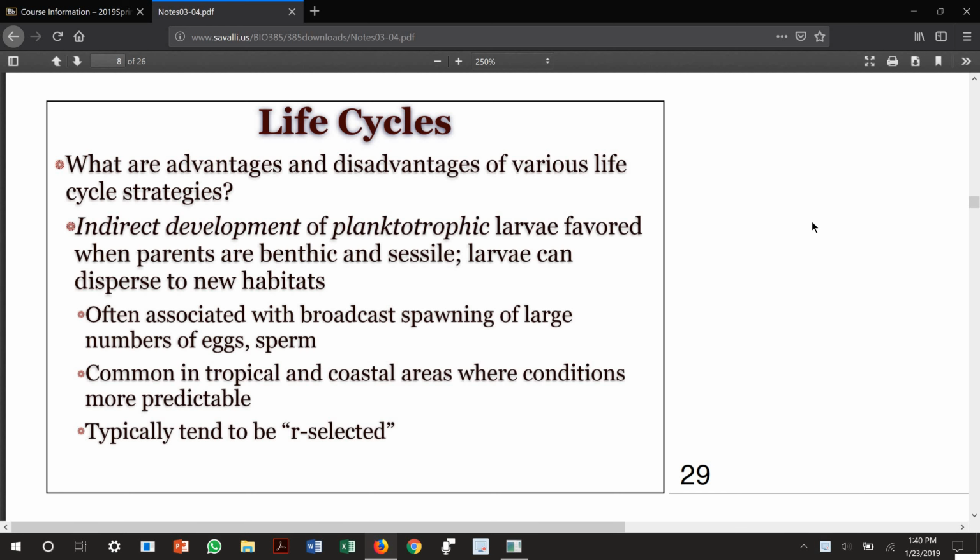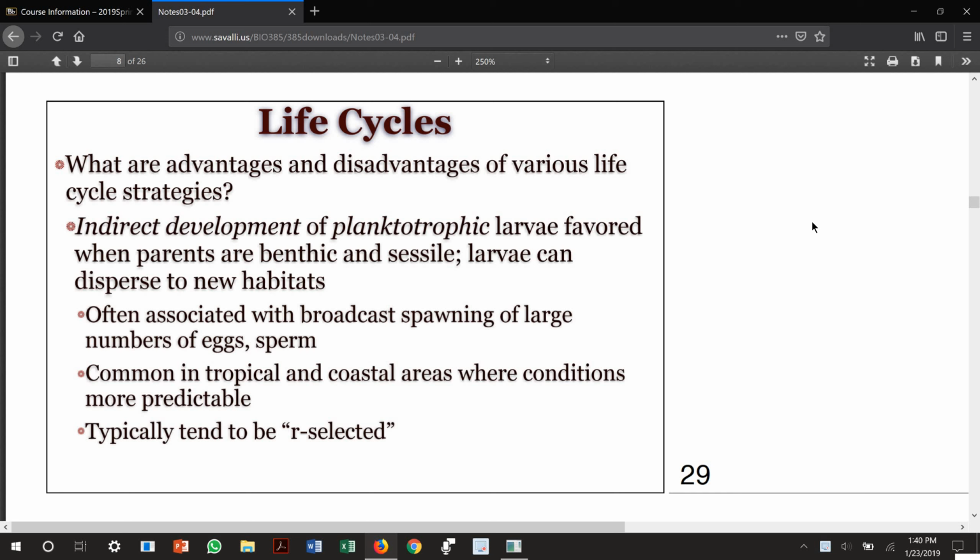For a little while, it can maybe use a little bit of yolk, but it starts to need to get food on its own. So it often forms a basic form that is able to do that while drifting around in the plankton. So indirect development of planktotrophic larvae is going to be closely associated with species that are broadcast spawners. And broadcast spawning is particularly helpful if you're attached and can't move around to find a mate, for example.